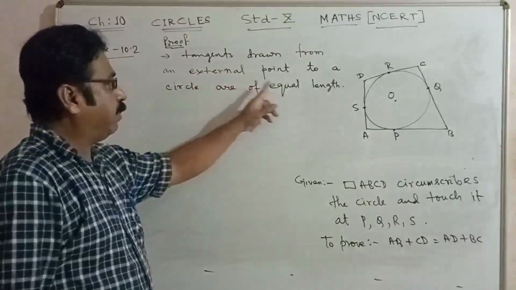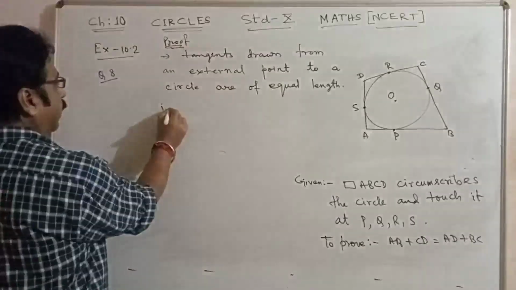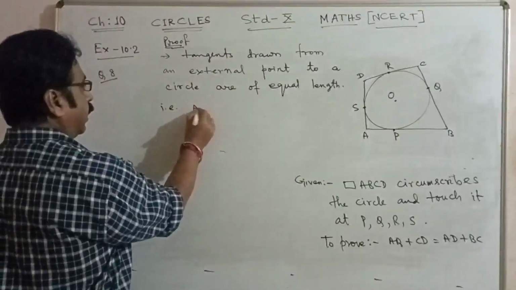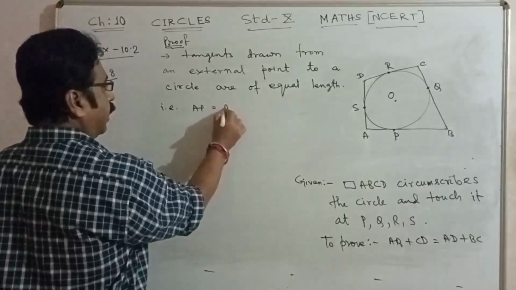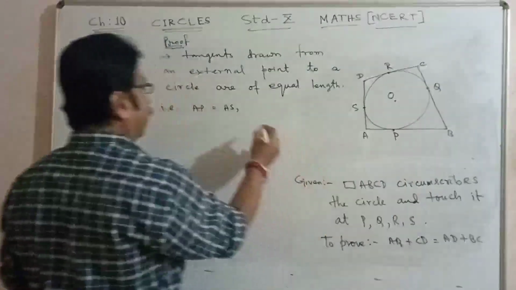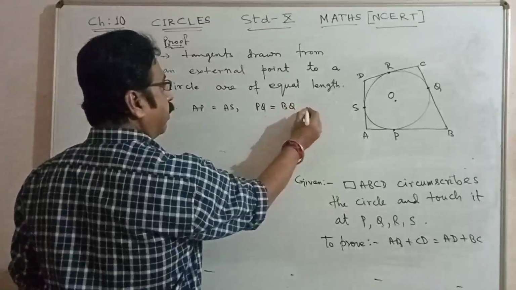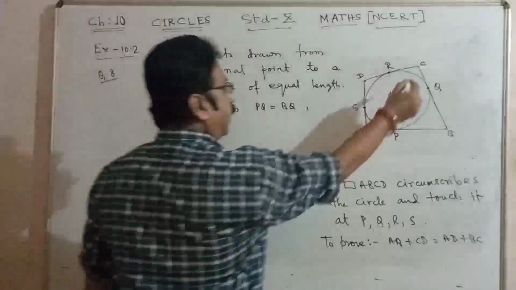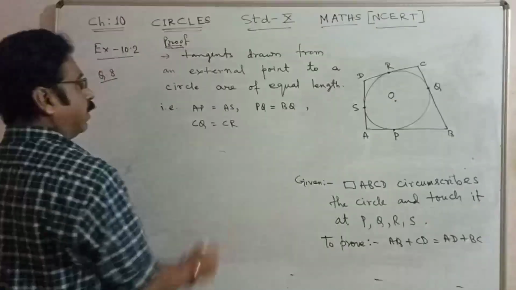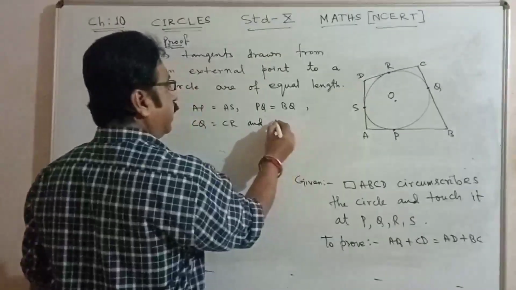Tangents drawn from an external point to a circle are of equal length. That means we can write AP equals AS, PB equals BQ, CQ equals CR and DS equals DR.